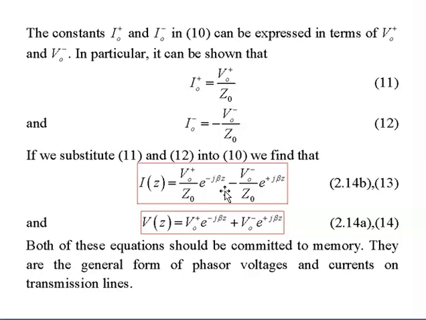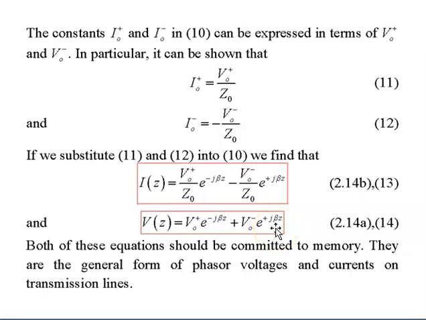If we substitute these two equations into equation 10, we will find that I(z) is equal to V0 plus over Z0 e^(-jβz) minus V0 minus over Z0 e^(+jβz). And for the voltage, it is much simpler: V(z) is equal to V0 plus e^(-jβz) plus V0 minus e^(+jβz).